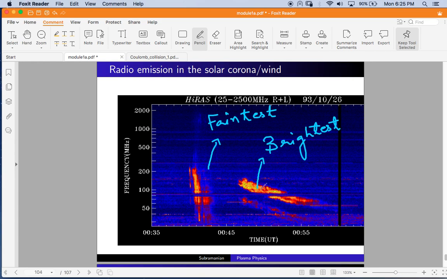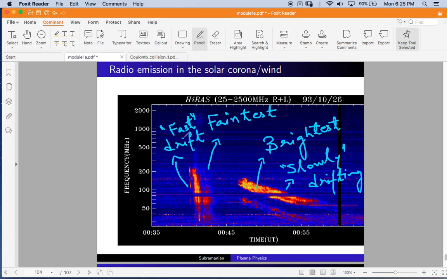It's drifting much more slowly. So this would be relatively slowly drifting emission, and this would be relatively fast drift. Notice we are essentially paying attention only to the brightest parts of the emission.